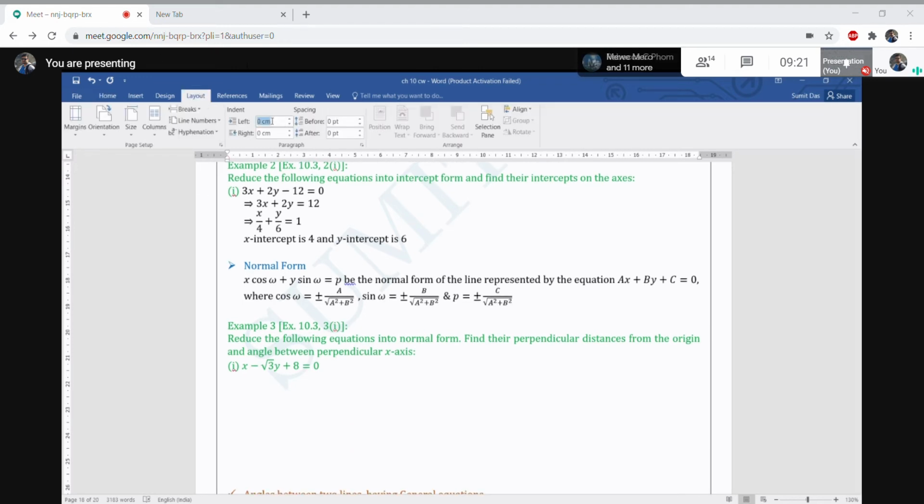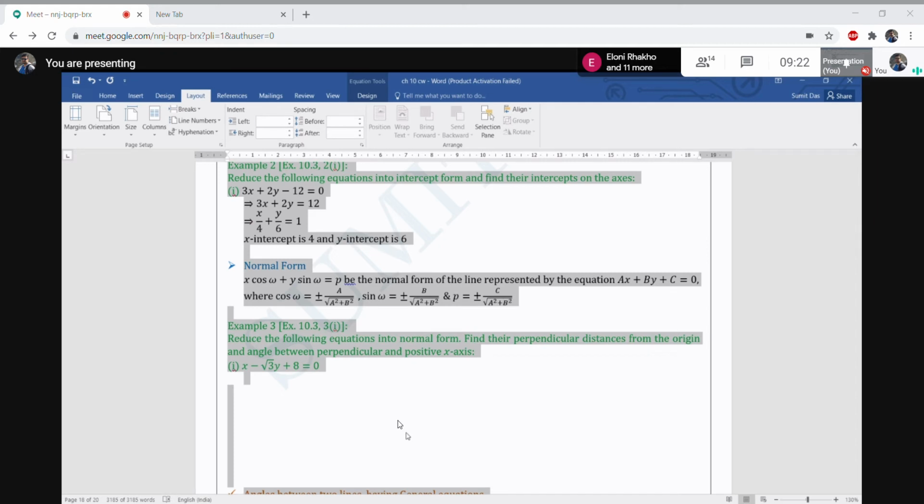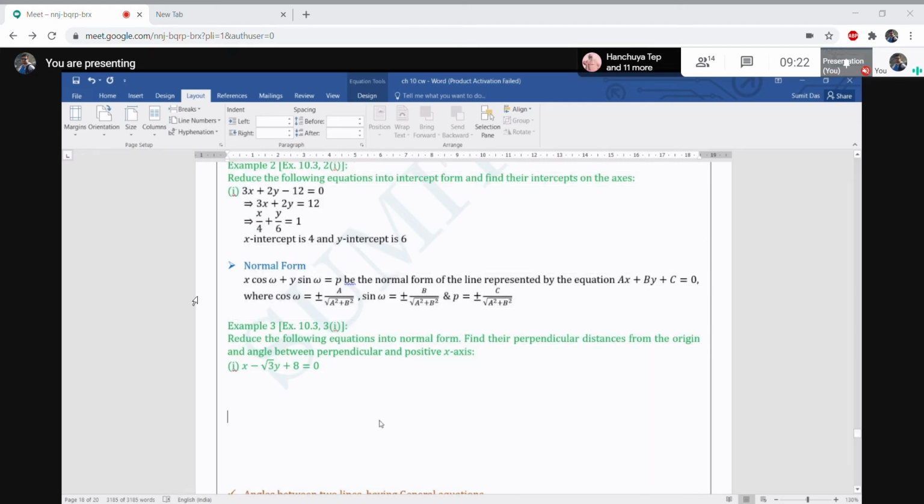In this one, what we are asked is to reduce the following into normal form and find the perpendicular distance from the origin and the angle between the perpendicular and the positive x-axis. That is what normal is used for, right?